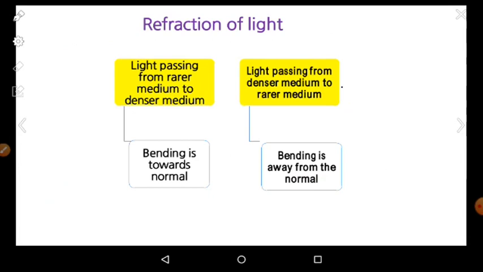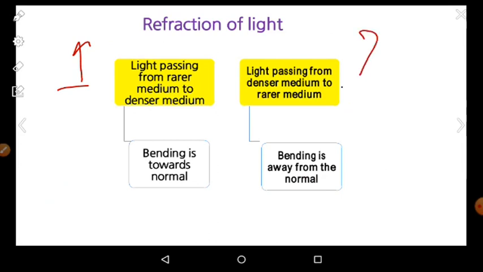So the refraction of light is observed in two cases. Number 1, the light is propagating from rarer medium having less density into the denser medium having more density. For example, light is traveling from air to glass or air to water.